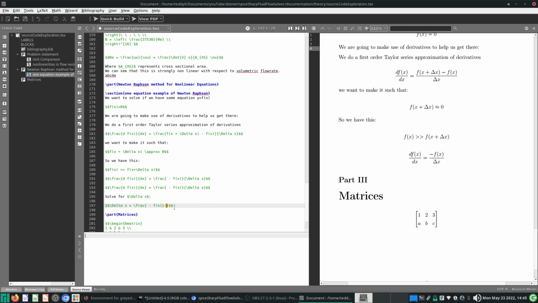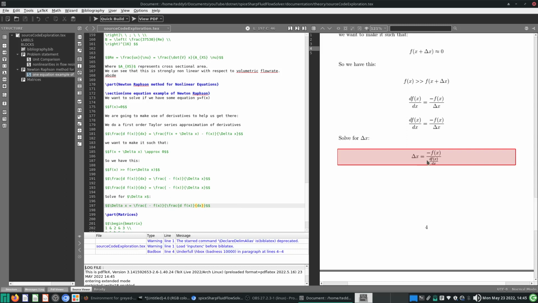This is a very quick way of doing things. I solve for delta x such that delta x equals minus f of x over df(x)/dx. So you see that solving for delta x is actually pretty straightforward.